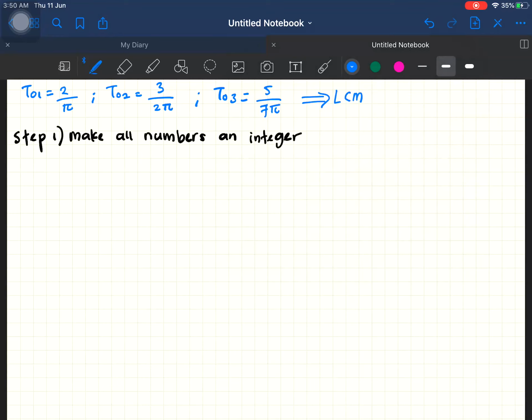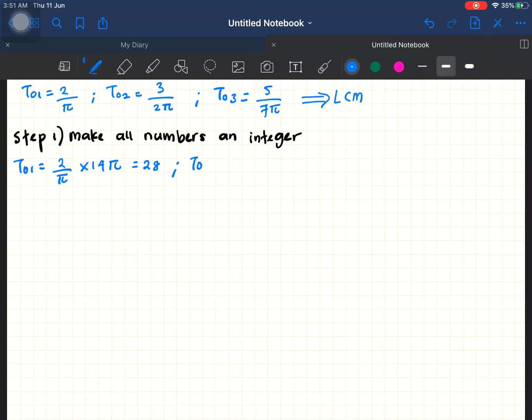You can do this by multiplying all these 3 numbers with a common number. For example, T01, 2 over pi. If you multiply it with 14 pi, you will get 28.